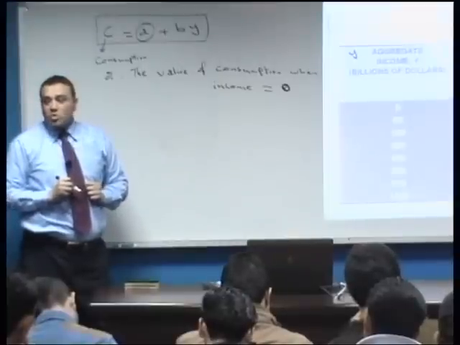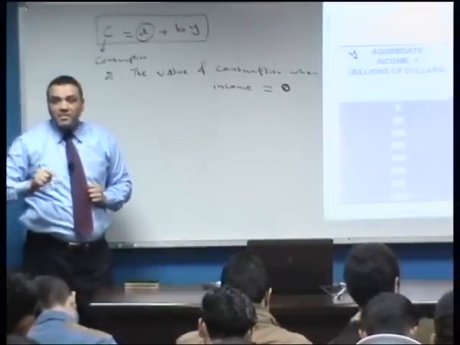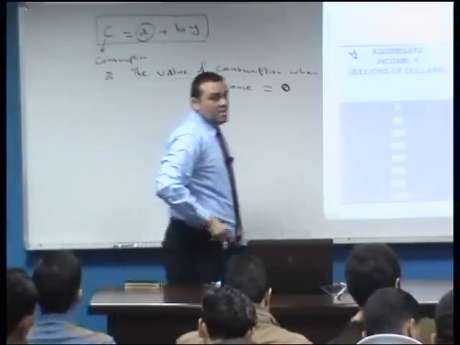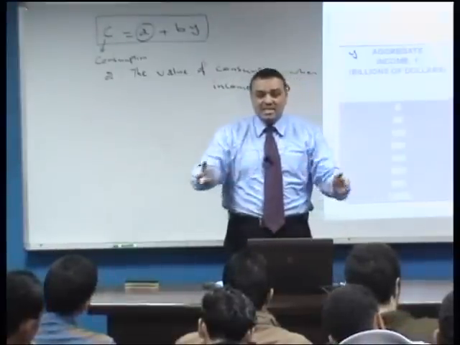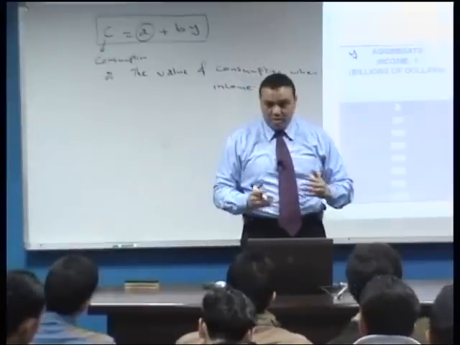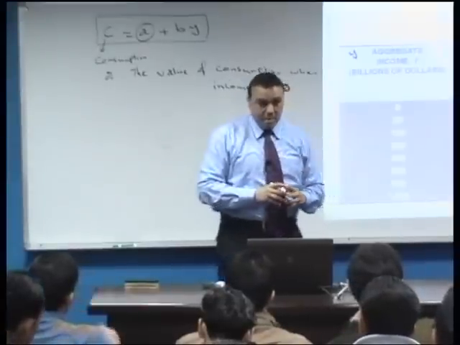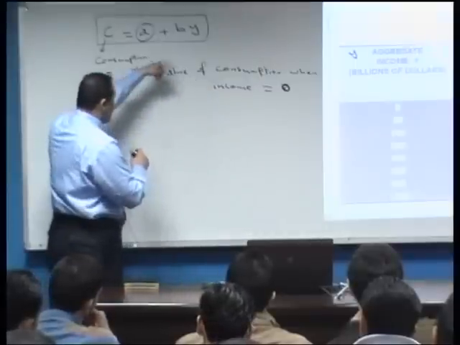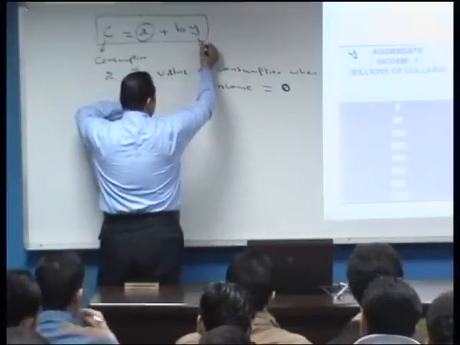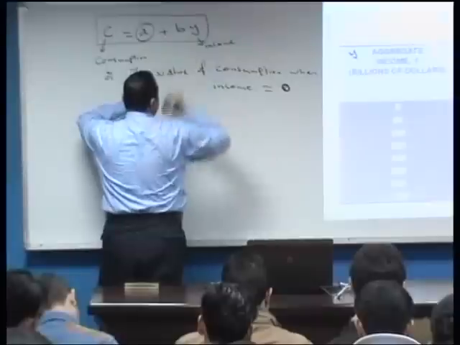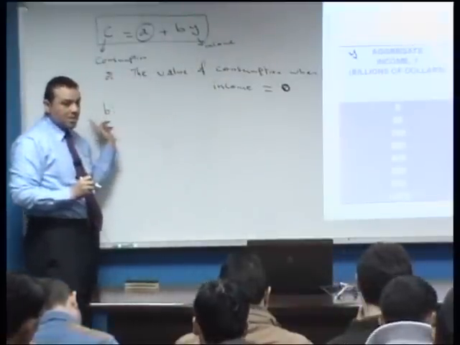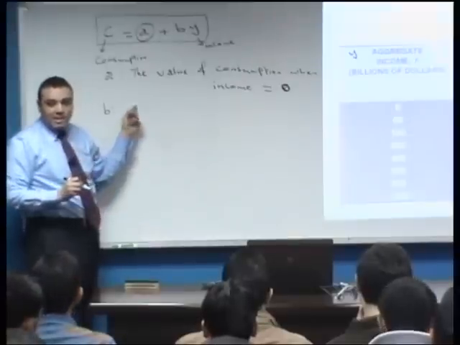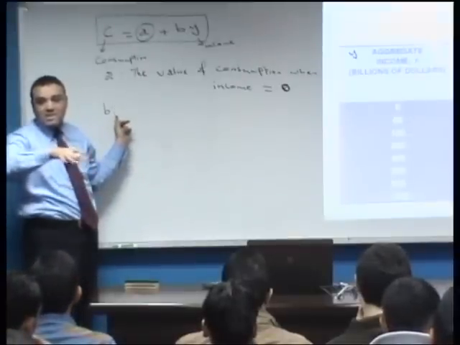B is called the slope of the consumption function, or the marginal propensity to consume. Let's see what that means. Yes, Y is income. And B, we will discuss it deeply now. Don't worry, we will analyze B in all its details.